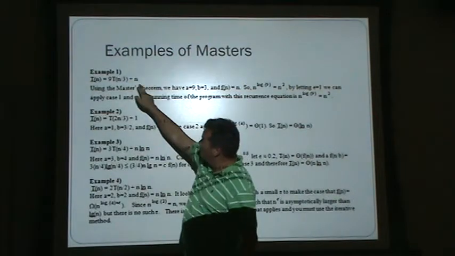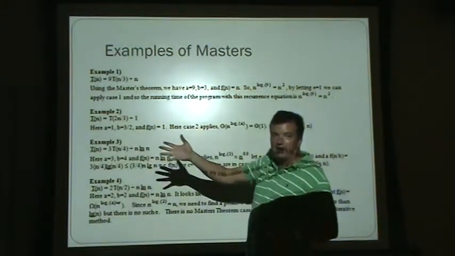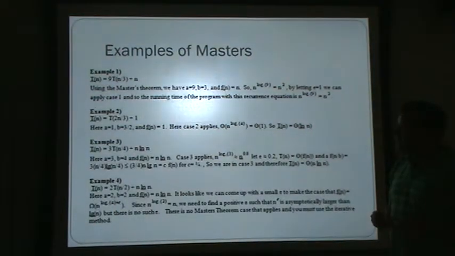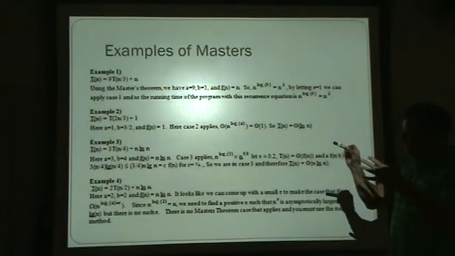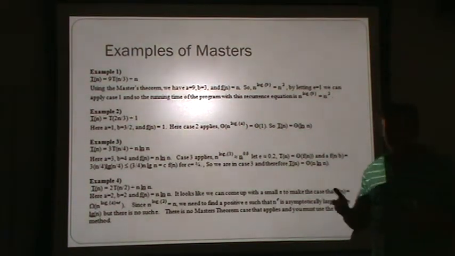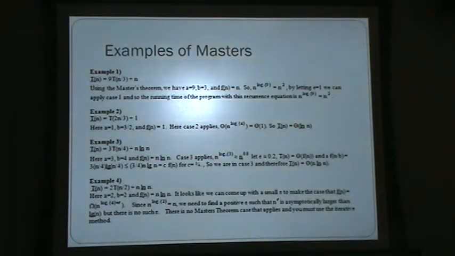And then there might be some function that happens after these calls are made to somehow tidy up the answers. And we're basically trying to figure out from that equation what's the overall running time of the algorithm. So a lot of times this cheat sheet helps and sometimes it doesn't. And we just went over the master's theorem as one example, just to get an idea of what a recurrence equation is.